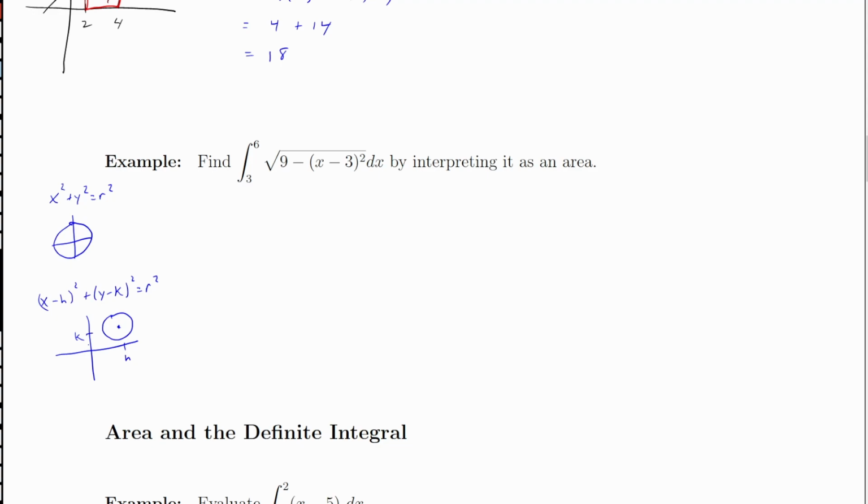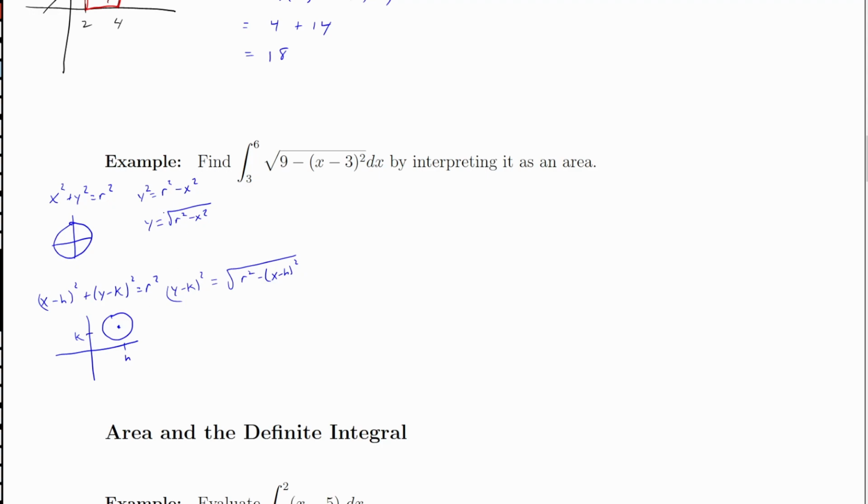If I were to take one of these and solve for y, y squared is r squared minus x squared, so y is the square root of r squared minus x squared. Or solving this second one, y minus k is the square root of r squared minus (x minus h) squared. Okay, then I can recognize this square root as being part of this equation.